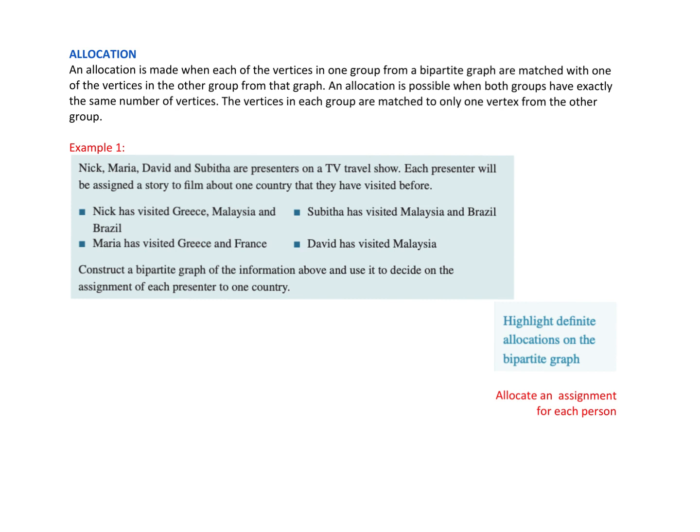Okay, here's another example. We've got Nick, Maria, David and Sabitha, and they all present on a TV travel show. Each presenter will be assigned a story to film about one country they have visited before. They want you to construct a bipartite graph. So you're going to have the names down one side: Nick, Maria, David and Sabitha.